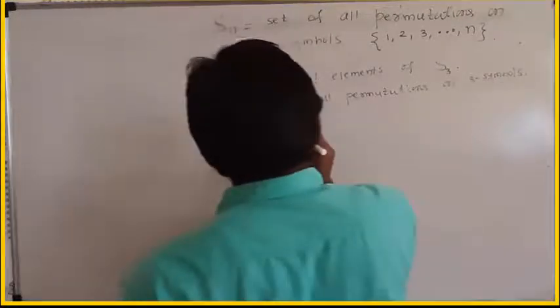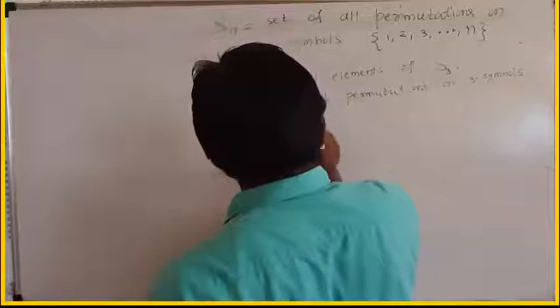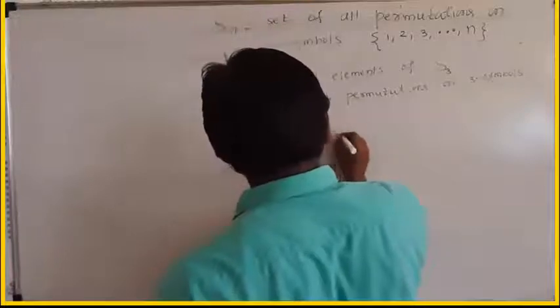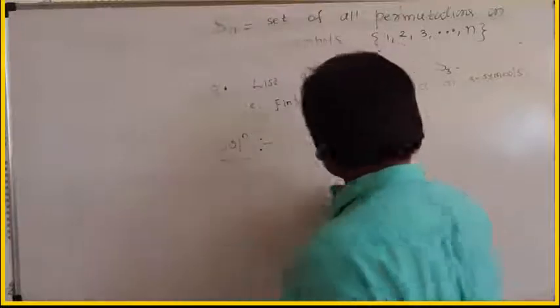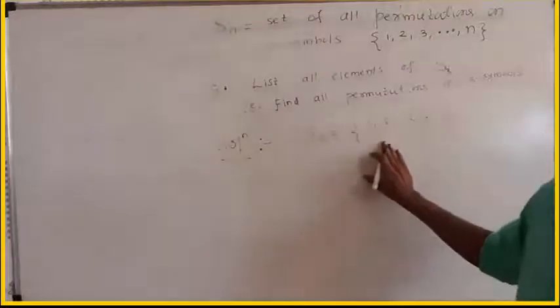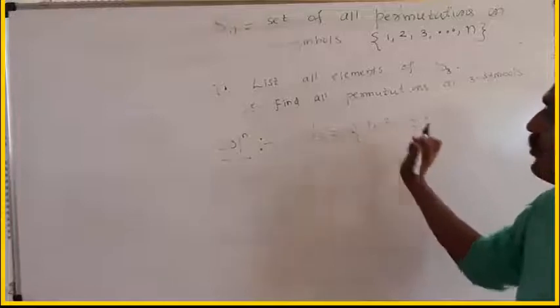See here, the set N3 contains 1, 2, 3. Now we are going to find all permutations on these three symbols.